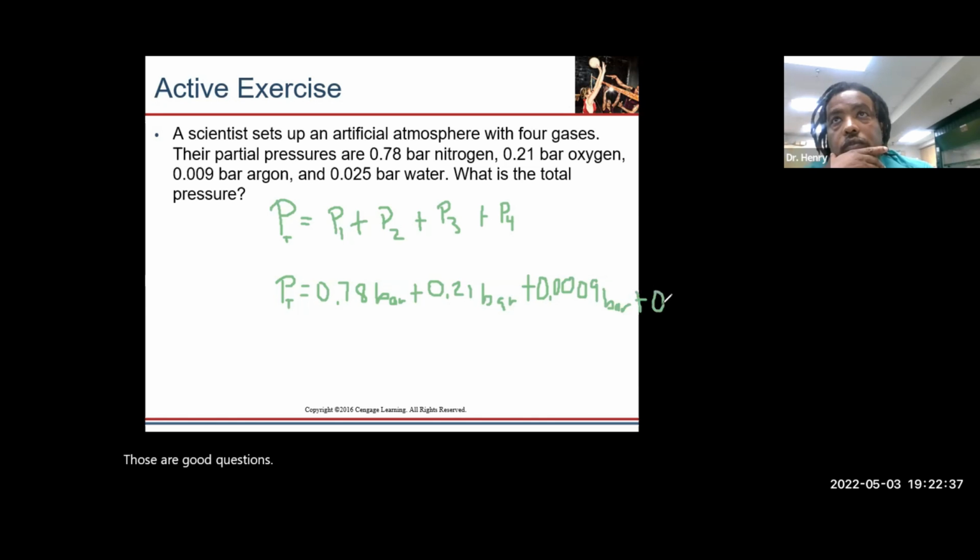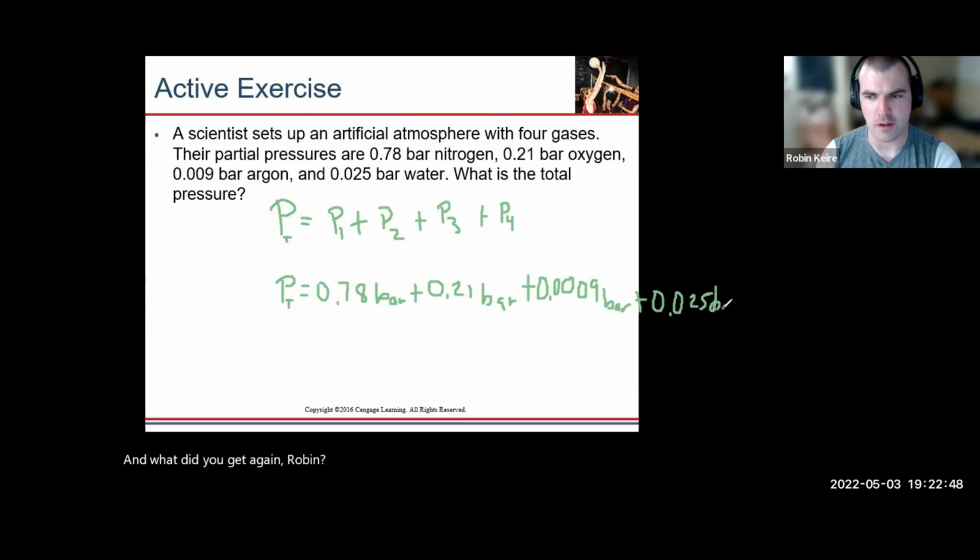And what did you get again, Robin? I got 1.02. When you're adding, you just line everything up to the decimal point, and then you go to the shortest number, right? That's right. Okay.